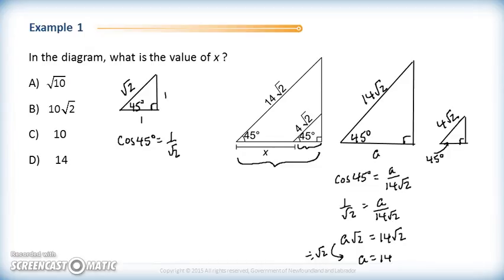And in the second diagram, we have to find this little length, B, I'll call it. So we have cosine of 45 in that diagram equals B over 4 root 2. Let's move that over a little bit because it's almost off the screen there. There we go.